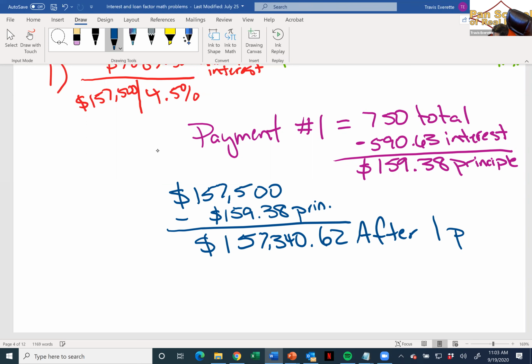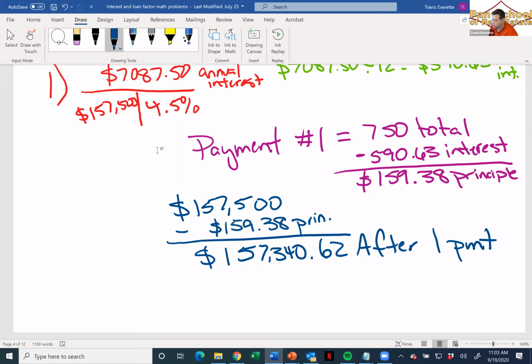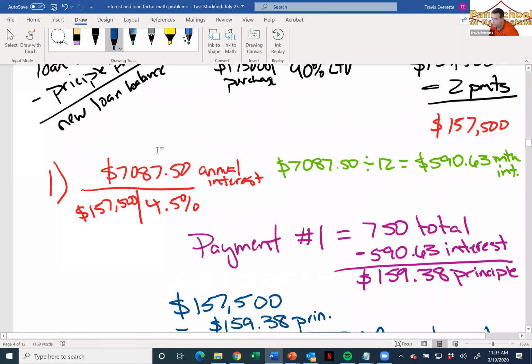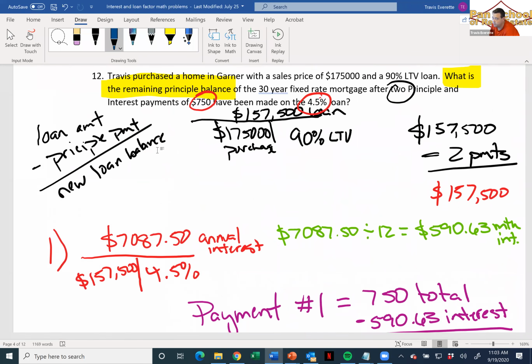One payment. How we all feel about that? Okay, Travis, go back, because I just got lost somewhere. Okay, where'd you get lost? Talk to me. I said 175,000 minus the 159. Look, don't say that because that was a mistake on my part. Remember, the 175,000 is the purchase price.